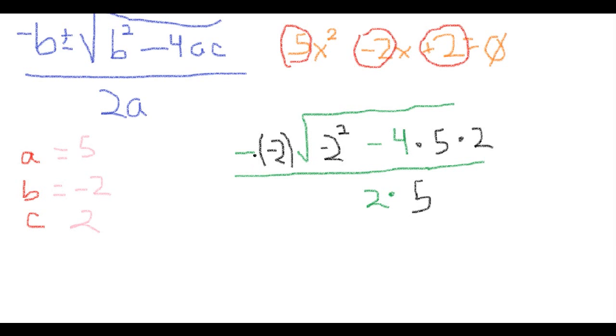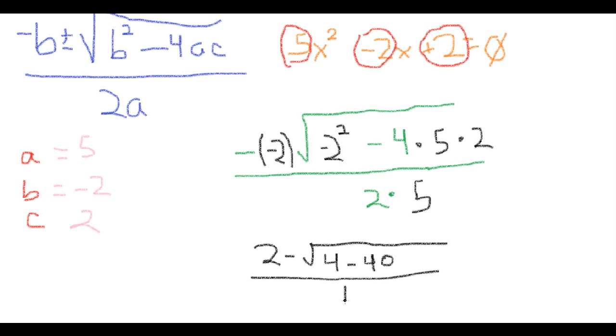So now we'll just simplify it. And a negative times negative 2 becomes regular 2, plus or minus the square root of negative 2 squared, which is 4, minus 4 times 5 is 20. 20 times 2 is 40, over 10.